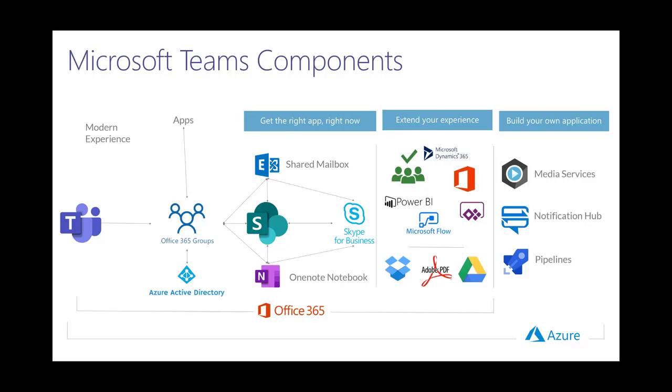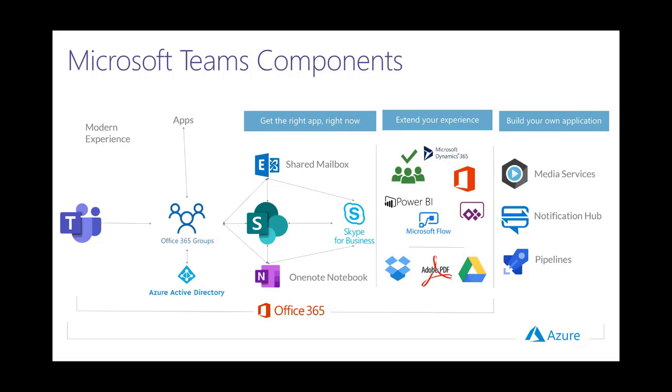From there, the 365 groups are going to provision your shared mailbox and calendar, your SharePoint site, a OneNote, and then as part of that, you also get the chat capabilities that are coming from Skype for Business as well. Okay, so that group provisions all of that, which you are then going to access using Teams.